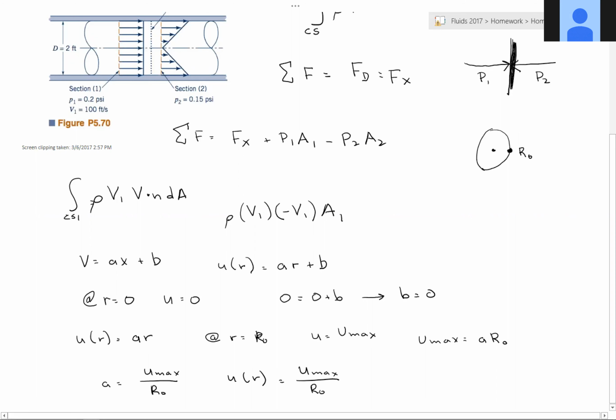which looks like this. And so now that we have this, what can we do with this? I mean, there are two things we have to do. Yeah, we absolutely have to find U max, and then after we find U max, what are we going to do with that profile?